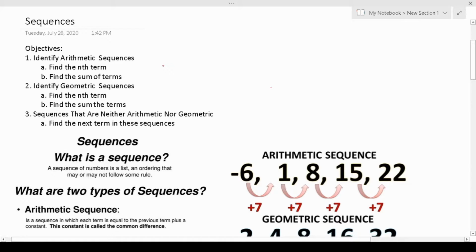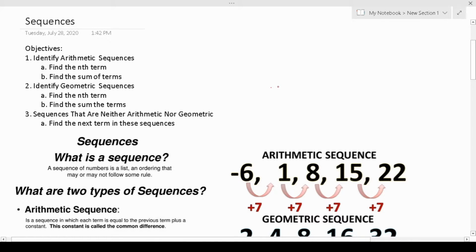In today's video, we're going to be taking a look at sequences, which is a topic that frequently appears on the Arithmetic Reasoning subtest of the Armed Services Vocational Aptitude Battery. As you can see, there's three main objectives for today's video. First, we want to be able to identify arithmetic sequences.